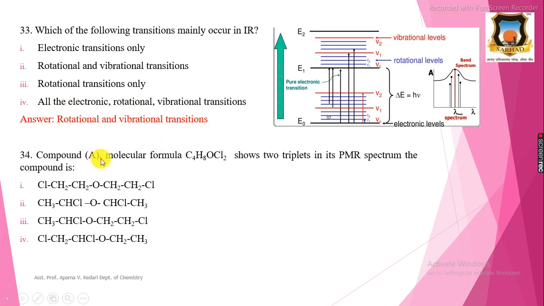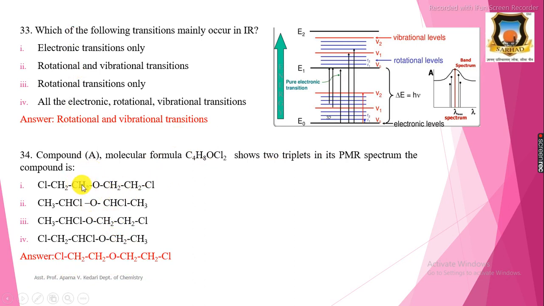Then, compound A, molecular formula C4H8OCl2, shows two triplets in the PMR spectrum. This is the first option, second option, third and fourth. The correct answer is the first option. It shows two triplets because this is a symmetric compound.